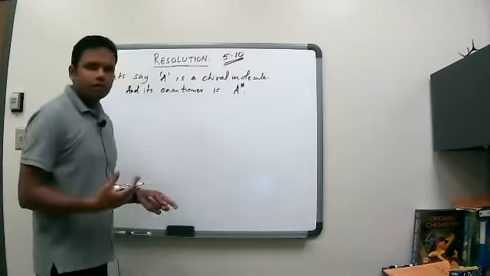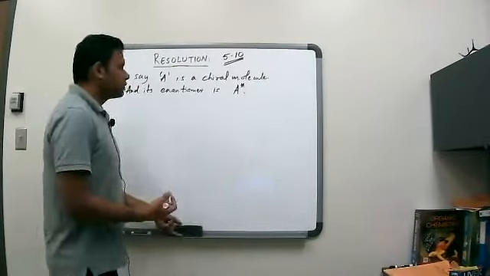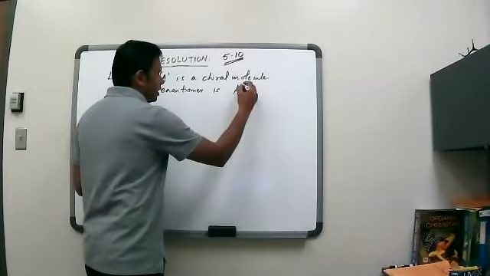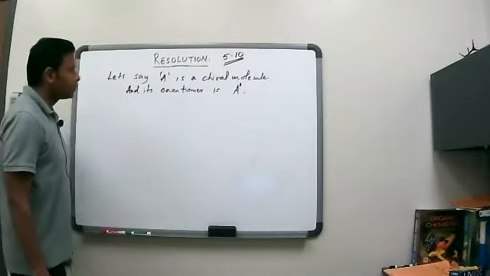So we're going to represent its enantiomer by A star. Or we can use A prime, because we use star for the chiral center. So maybe use A prime. So A prime is its enantiomer.